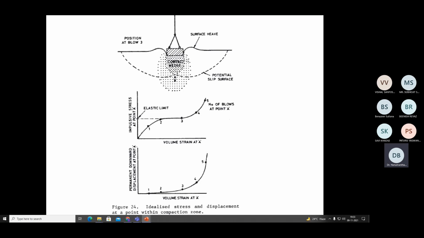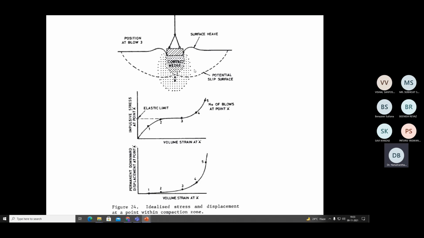If you take the different zones, this creates some kind of heave right adjacent to the crater, all surrounding the crater. At the same time, since the amount of energy applied is so enormous, it is obvious that the soil already fails under bearing capacity condition, but that is limited to only the shallow depth, not the deeper depths. At the deeper zone, the soil gets densified. At the shallower zone, the soil completely fails under shearing condition. As you can see, this is the potential slip surface.